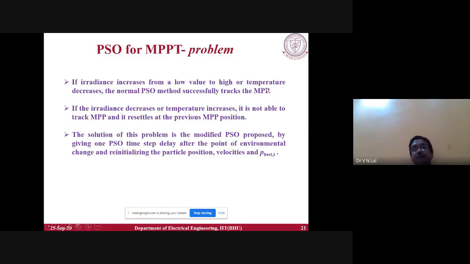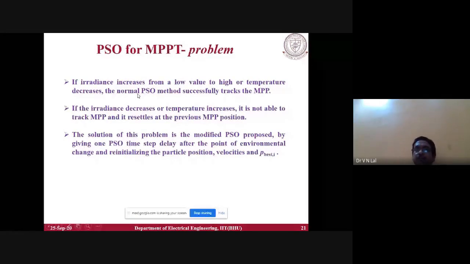The effect of temperature and irradiance on power is opposite. Increase in irradiance increases the power, and decrease in temperature increases the power. So if all of a sudden irradiance is increased, then the simple PSO which we have discussed will be able to successfully track the MPP.